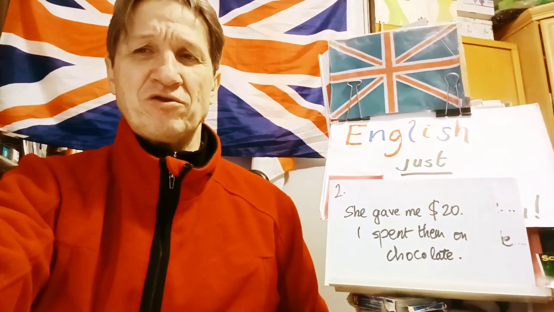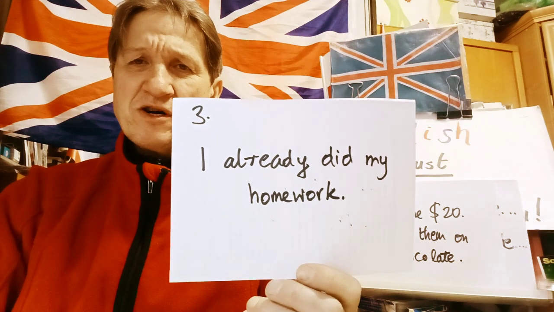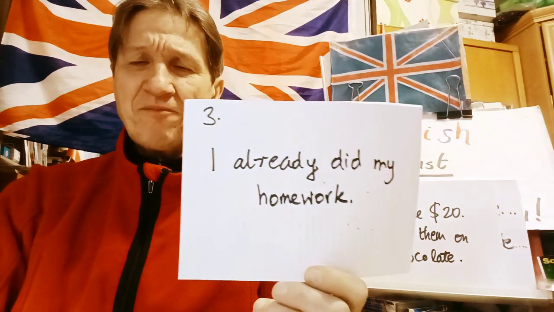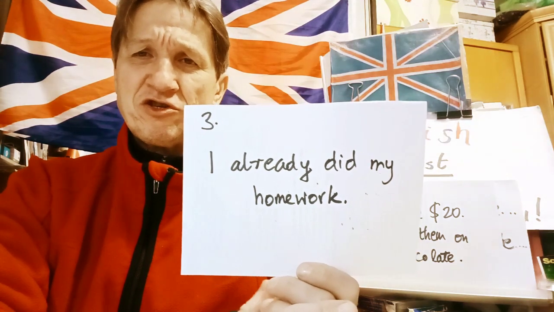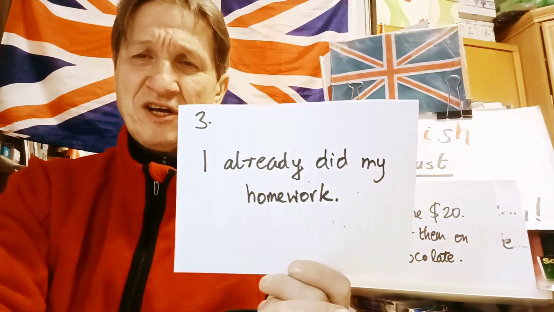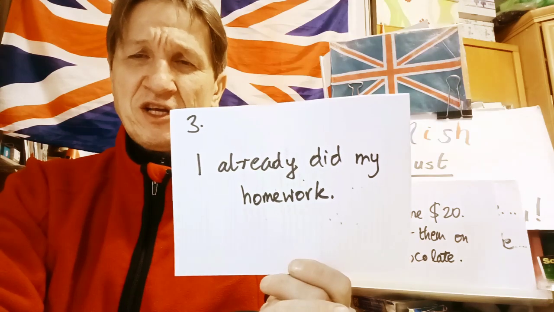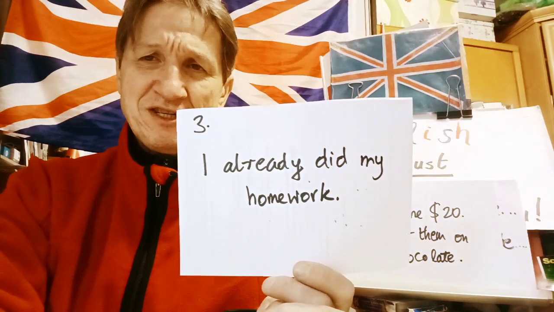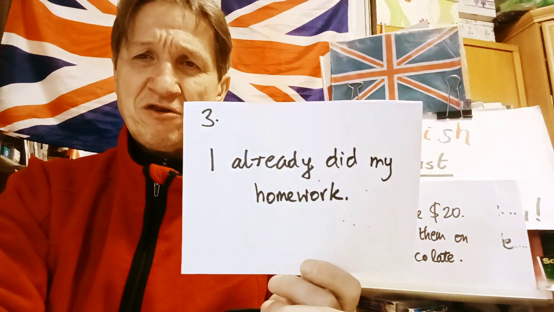That's sentence number 2. Sentence number 3, which reads, "I already did my homework." There's 2 things here. Here, we're not so much interested in the time as we are in the action and its result. So we need to use what we call present perfect tense. So instead of did, we need to use have.